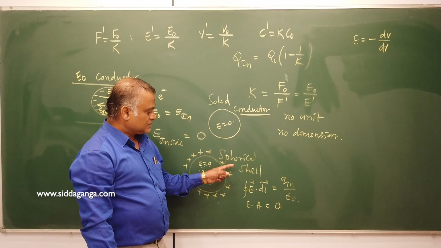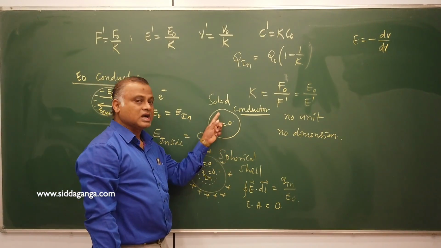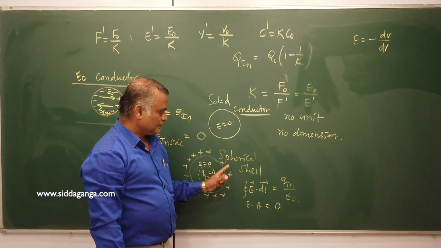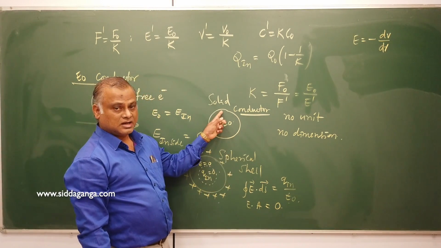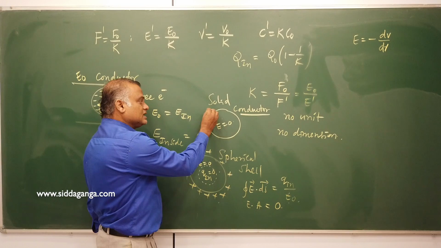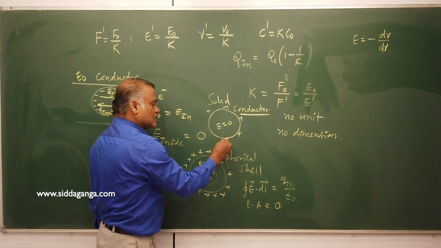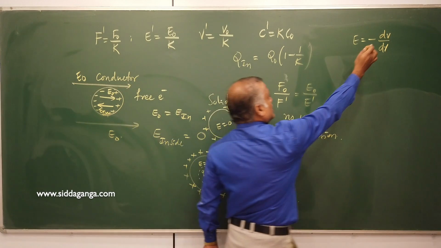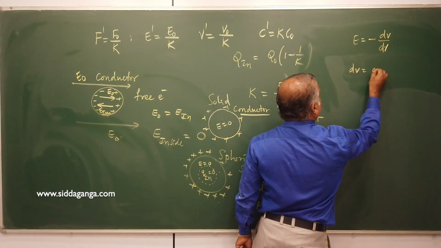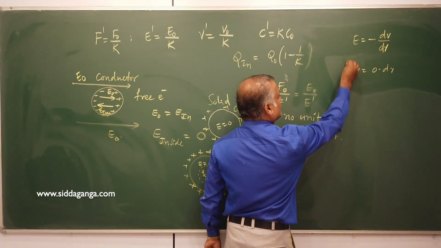For a spherical shell or a solid conductor, inside the charged conductor, electric field is 0. So now you calculate this: dV is equal to 0 multiplied by anything, which is 0.